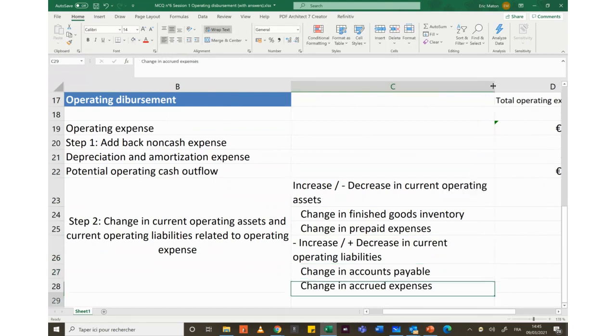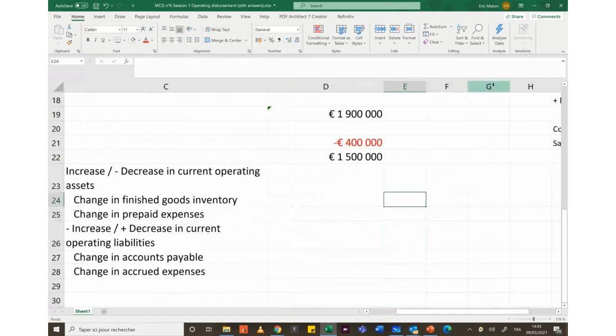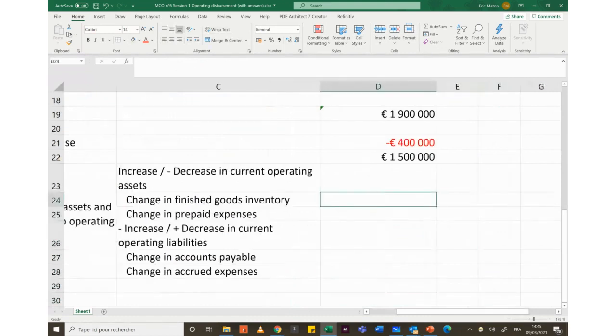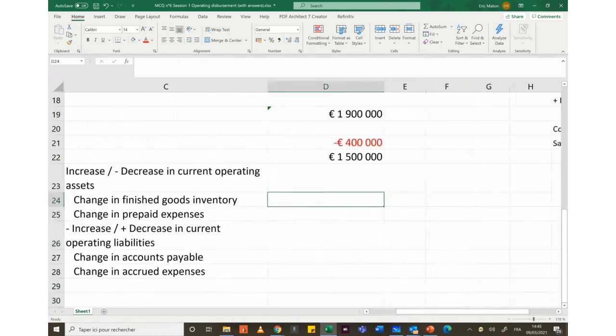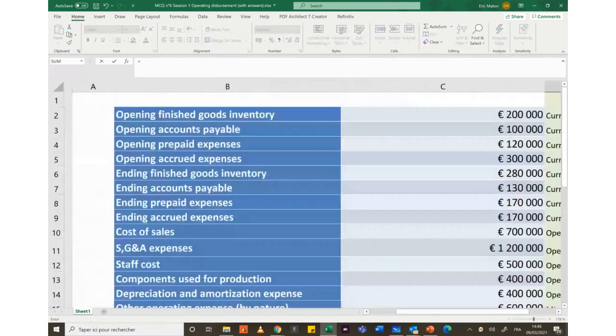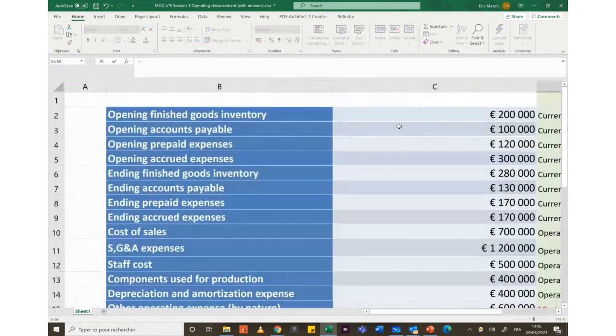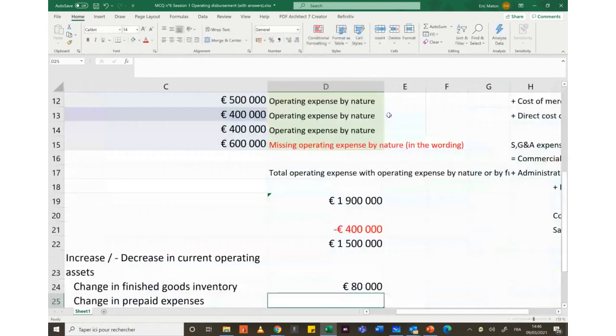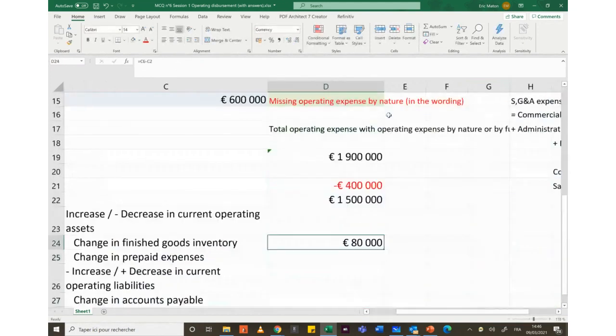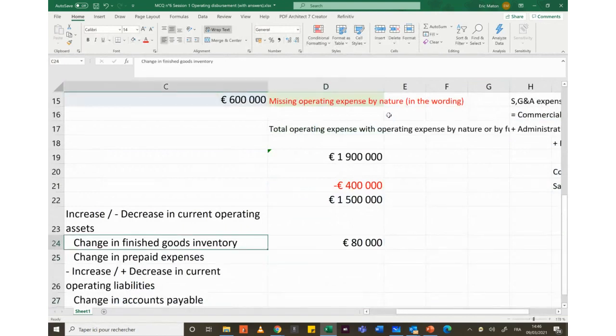So now what I need to do is plus increase, so I need ending minus opening. So for the finished goods inventory, I use ending minus opening. Because I increase the finished goods inventory, I will have to pay the increase. So here we have an increase.